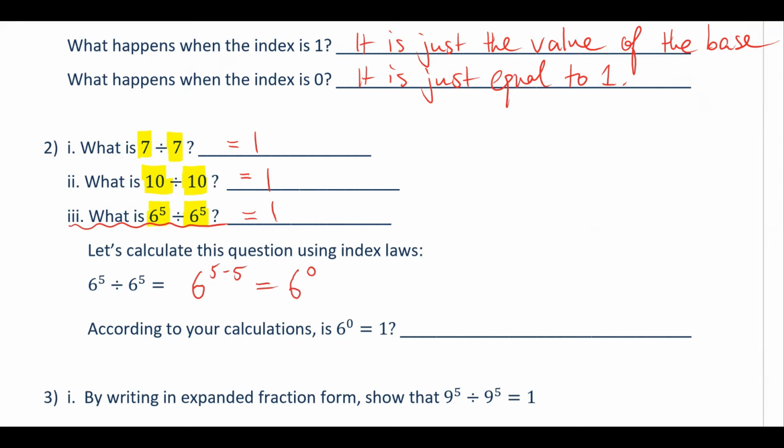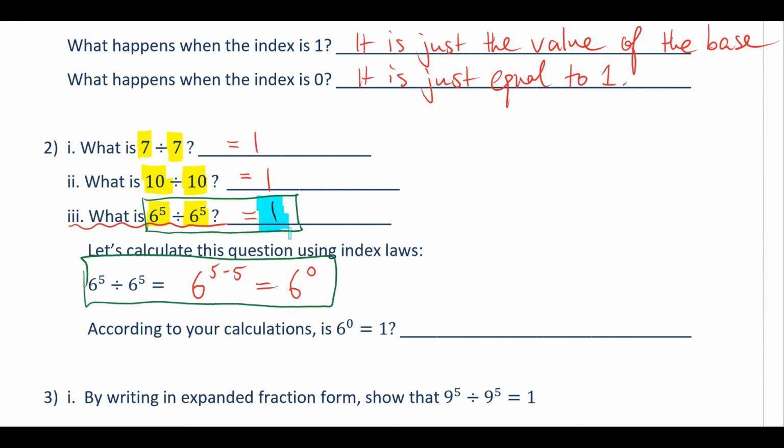But you can see here, we said before that this is equal to 1. But at the same time, we also showed that this same expression is equal to 6 to the power of 0.